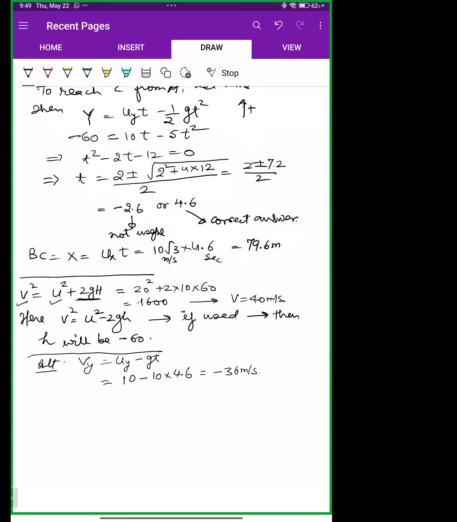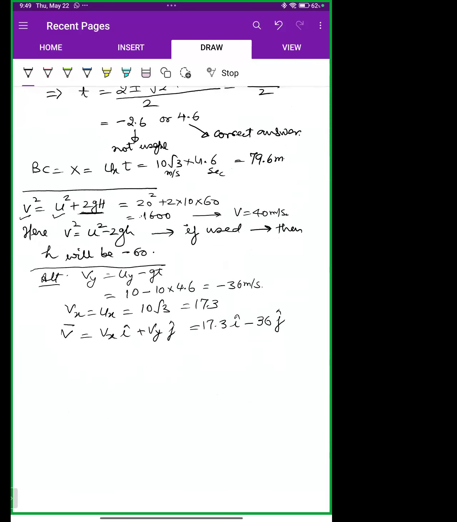Because that body is going downward, so Vy is negative. Vx is equal to Ux, which is 10 root 3, that is 17.3. So V in vector form is Vx i cap plus Vy j cap, and that becomes 17.3 i minus 36 j.